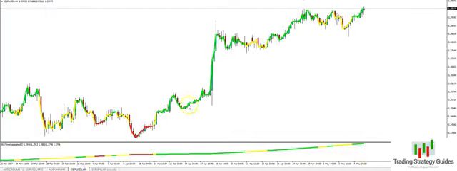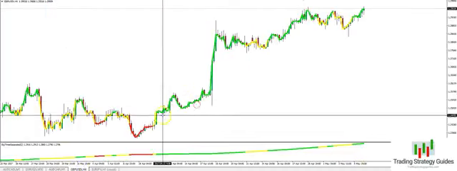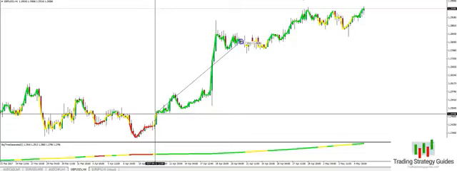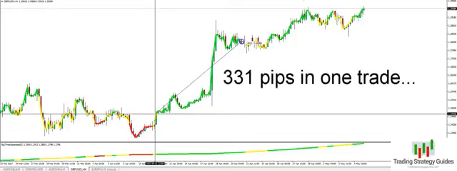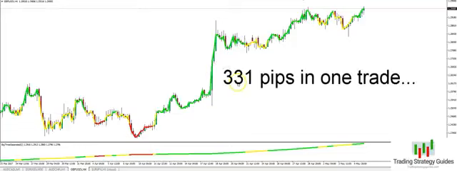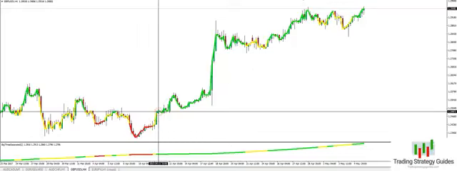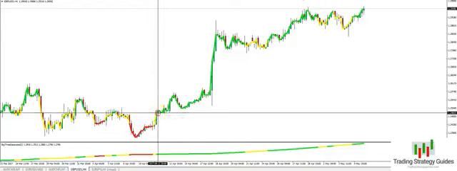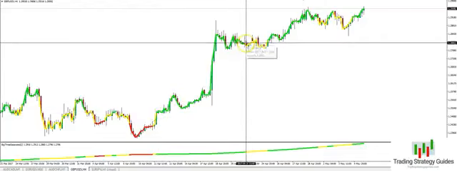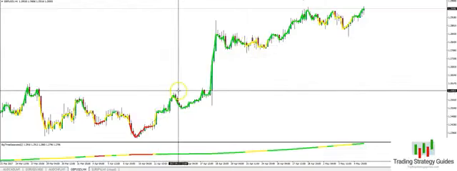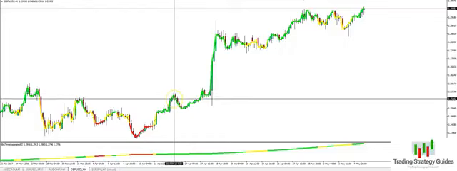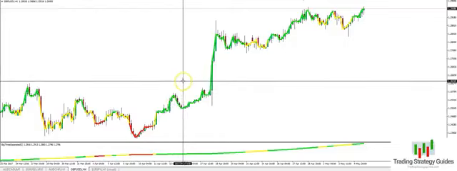Let's look at a 4 hour chart. These movements are enormous up here. That's about 330 pips. If you would have traded this right here on April 11th, and you would have stayed with it until it went yellow here, that's a 300 pip move with this indicator, which is just amazing to us.